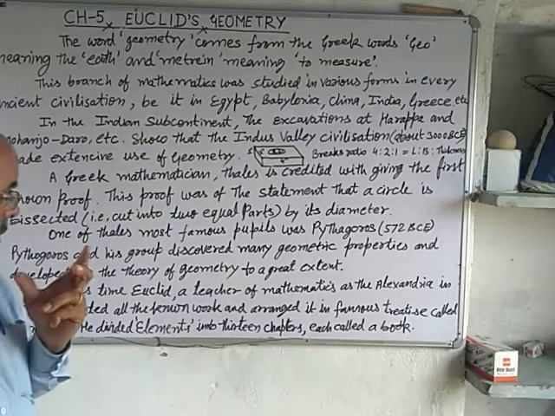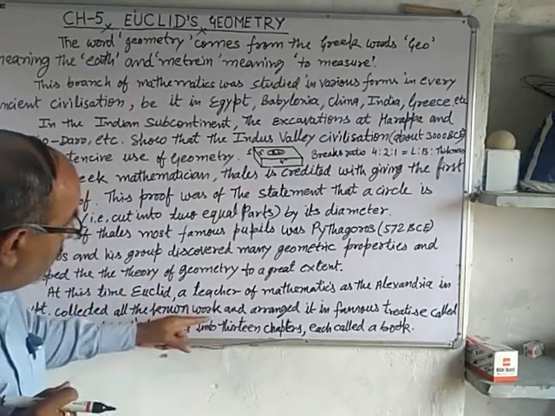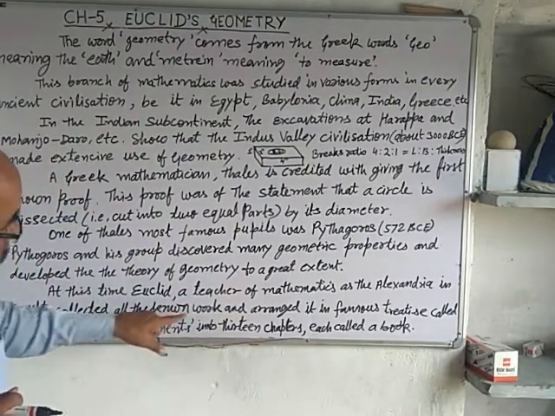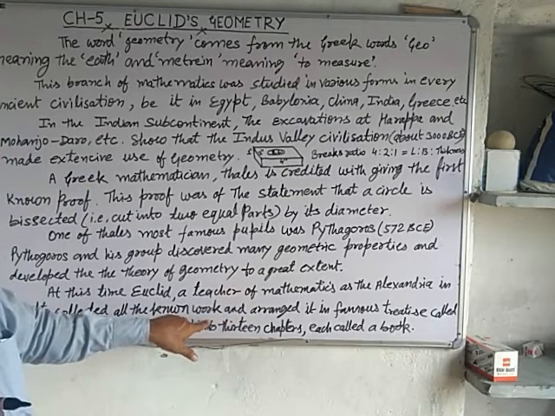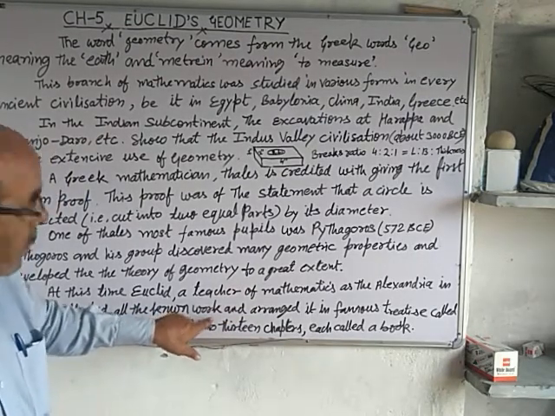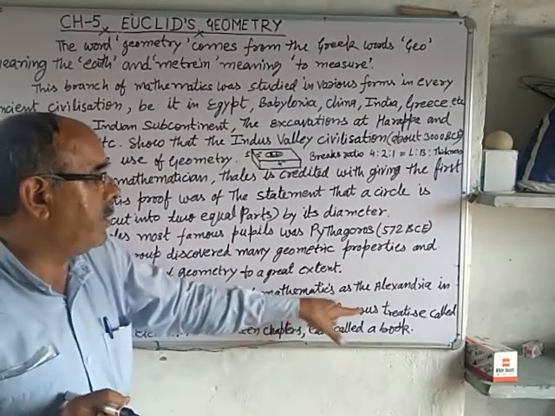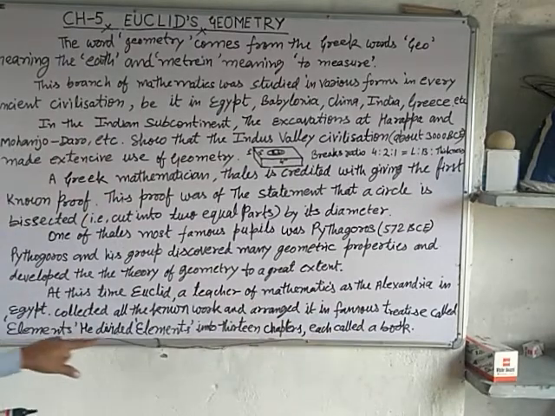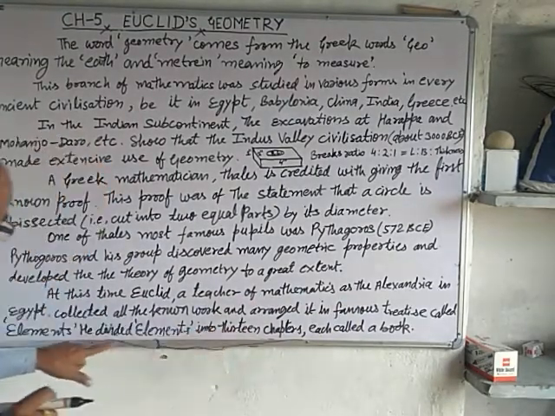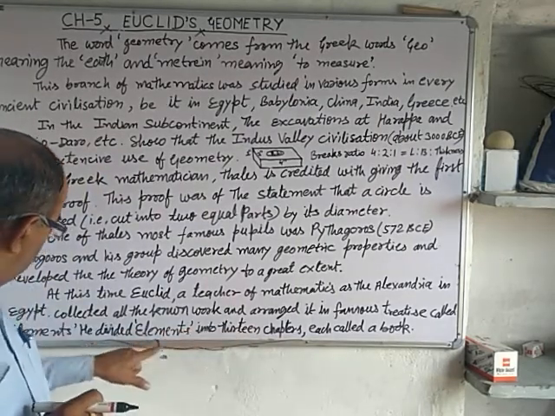What did he do for mathematics? He collected all the known work discovered by mathematicians and arranged it in his book, Elements.